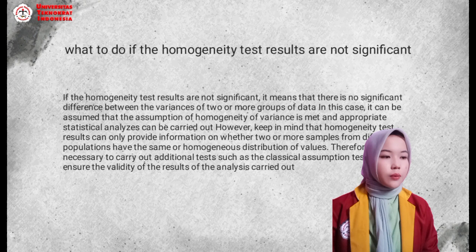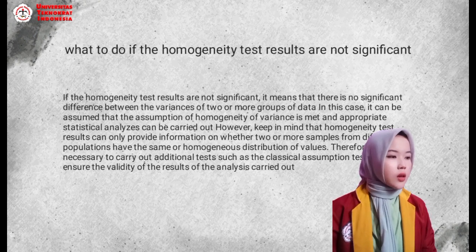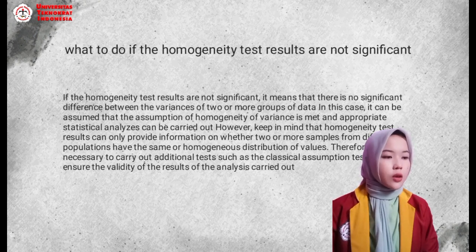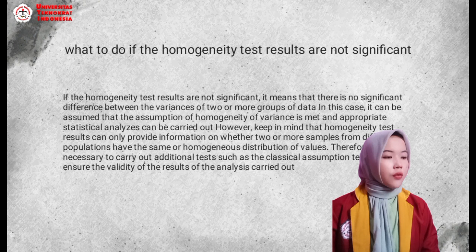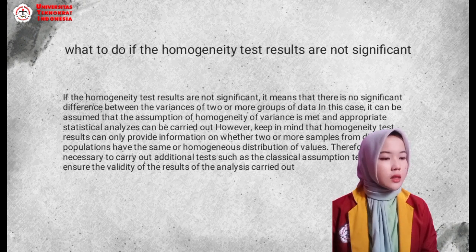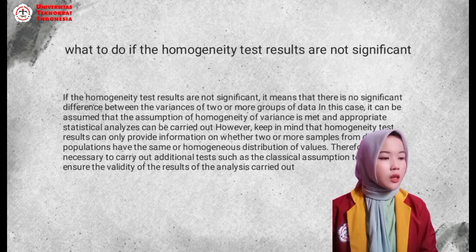Next, what to do if the homogeneity test results are not significant? If the homogeneity test results are not significant, it means that there is no significant difference between the variances of two or more groups of data. In this case, it can be assumed that the assumption of homogeneity of variance is met and further statistical analysis can be carried out.